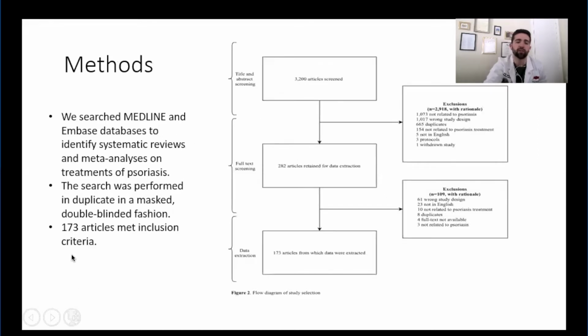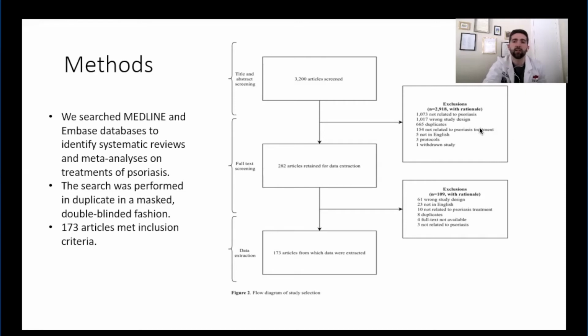For our methods, we searched Medline and Embase databases, and we were initially given 3,200 articles that we screened. These were screened in a duplicate and masked double-blinded fashion. So I worked with another student, and we read through these, and then we came to agreements on which ones should be included in our final data set.